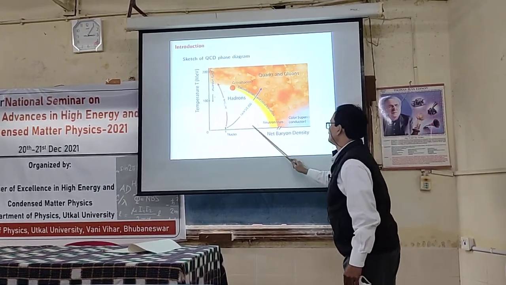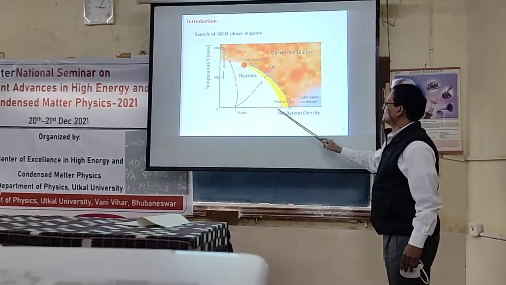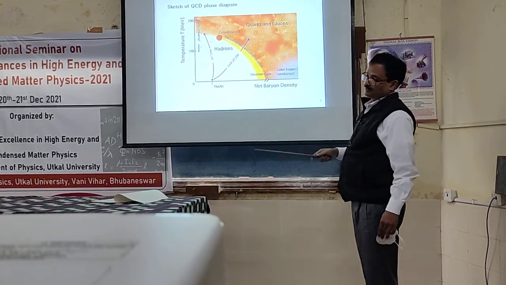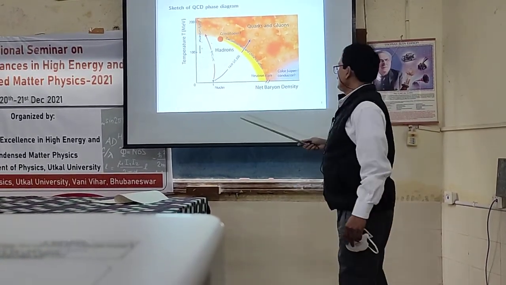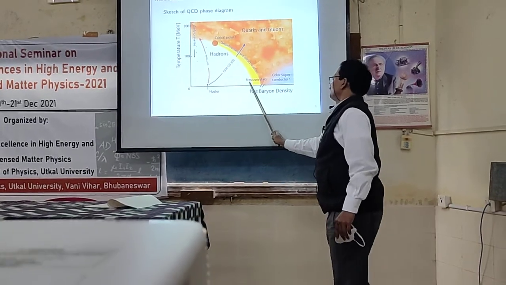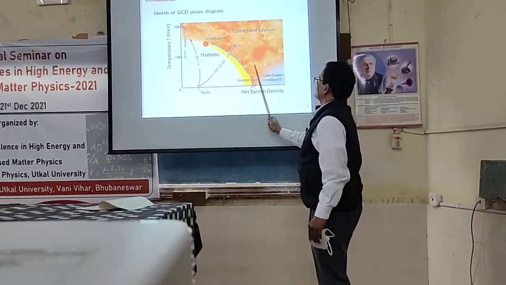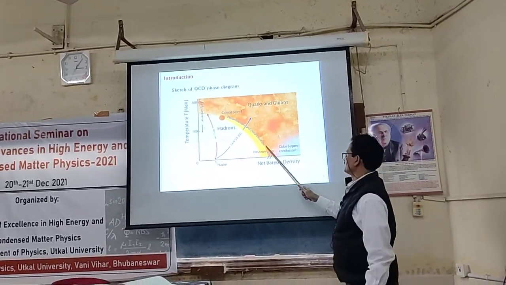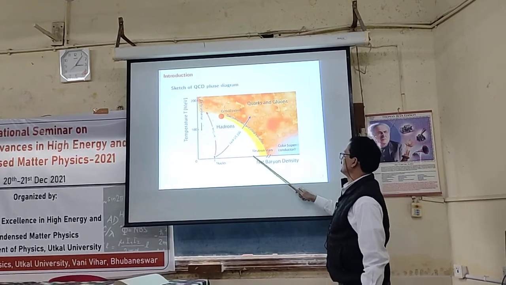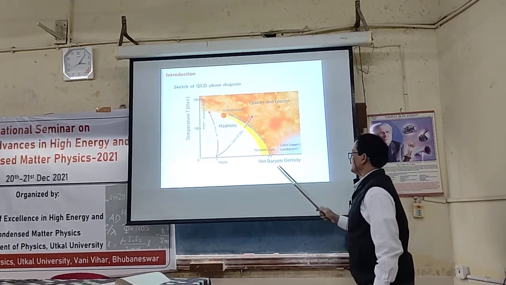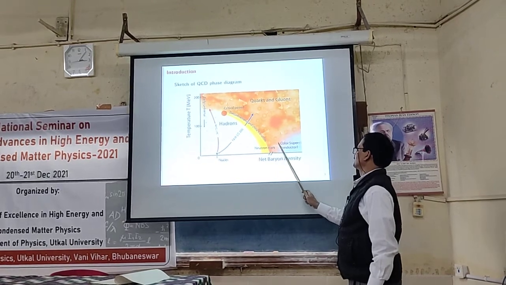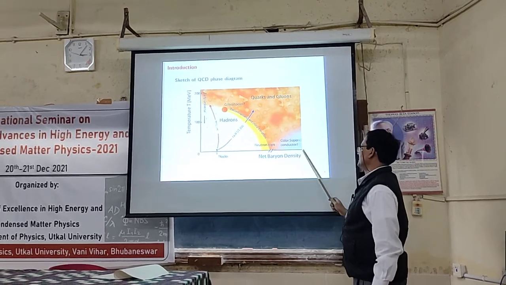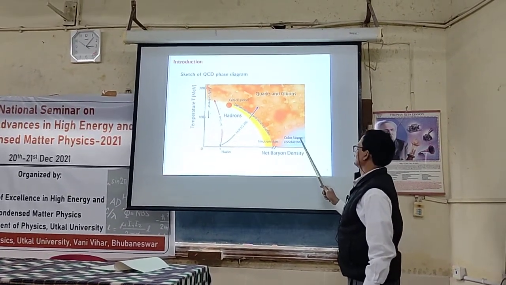But at small temperatures, if I go to about 4 to 5 times nuclear matter density, that is supposed to be the neutron star density. And if you go very high, there is a band here because it is not a sharp transition. It is not known clearly, there is a lot of uncertainty theoretically. And if you go very, very high, you expect it to be quarks, and the quarks apparently should be in a superconducting phase called color superconductor.